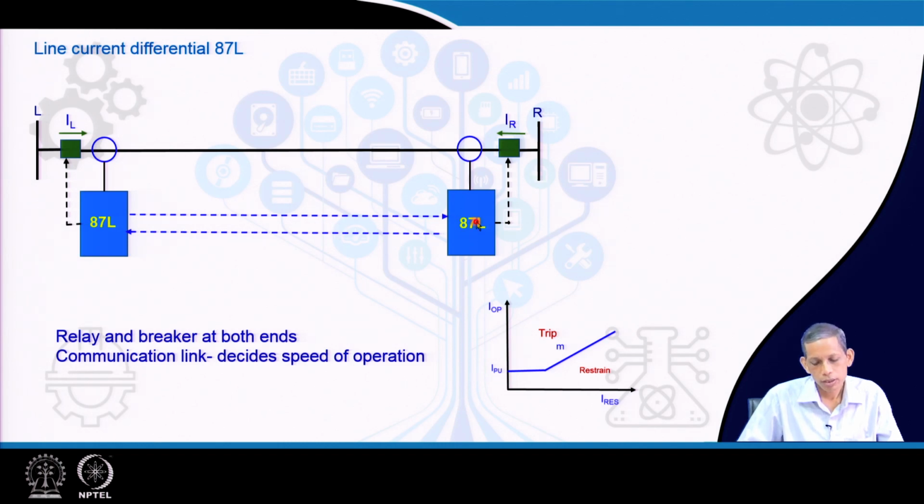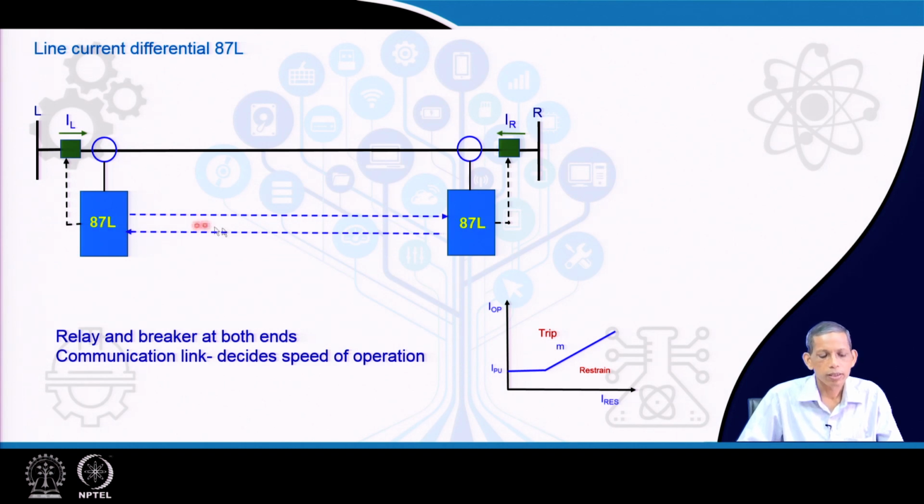Now, this side relay sends current information to the other end, let us say the phasors, both real and imaginary parts. This end receives and then processes it for a decision, either using ping pong or IRIG-B signal through the GPS.